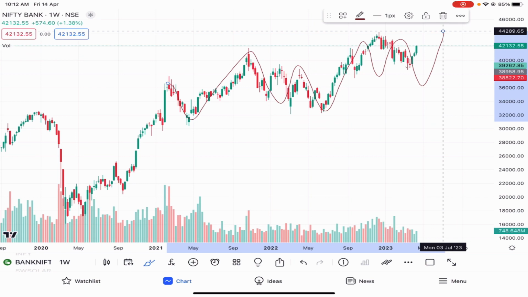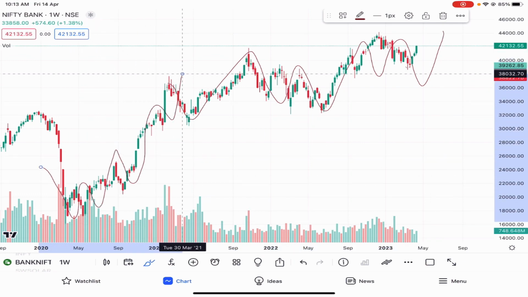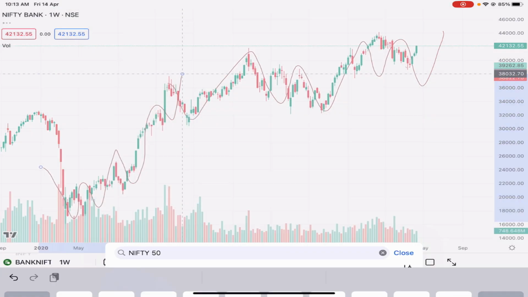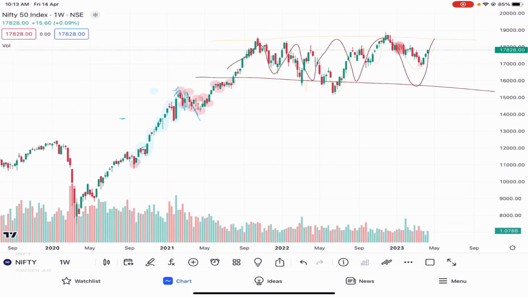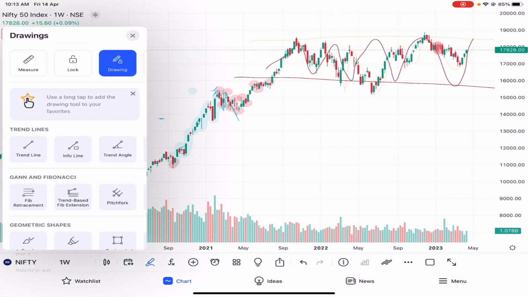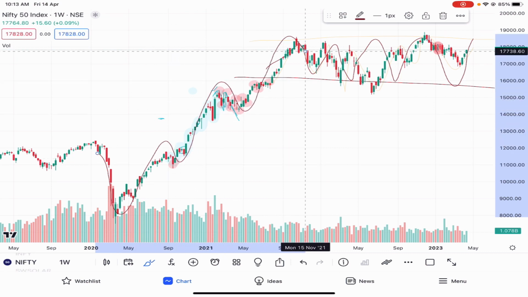Now if you look at the trend before it, the Bank Nifty was in an uptrend. Now let's go to Nifty and see that. Look at this. Nifty was also in an uptrend before the consolidation, right?